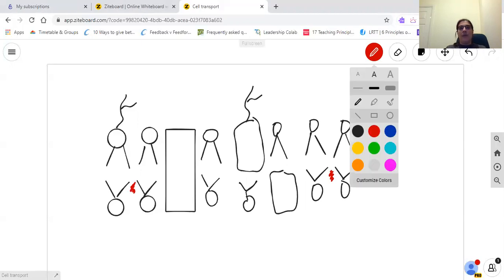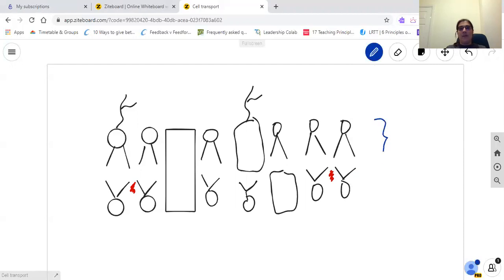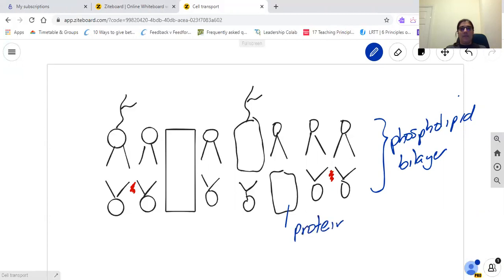So if we label this, so we're clear what we're talking about, this is a phospholipid bilayer. We'll look at phospholipids themselves in a minute. Where one of those is a phospholipid. Here we have proteins. Here is another protein.